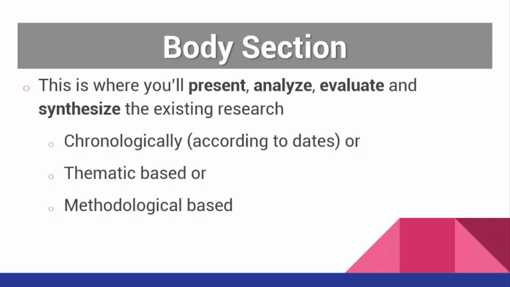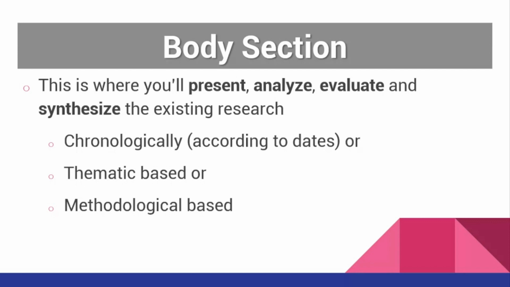Okay, so all these sections fit into the body section, and that is where the bulk of your literature review would be. So I want to advise that if you are going to use 25 pages or 20 pages or 10 pages for your entire literature review section, then about seven of the pages, if it is 10 pages, or 15 of the pages if it is 20 pages, should be for the body section.